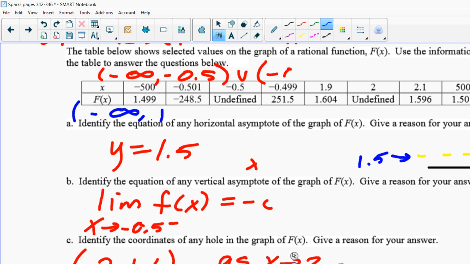Negative infinity to 1.5. And 1.5 to 1.6. There you go. That is very hard for me to do off the graph. I need to draw a little picture.